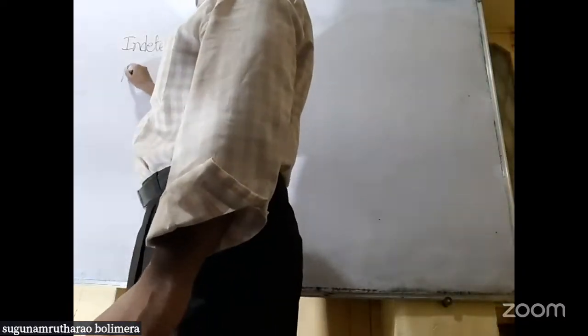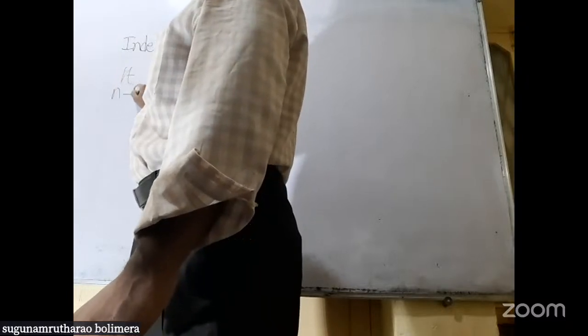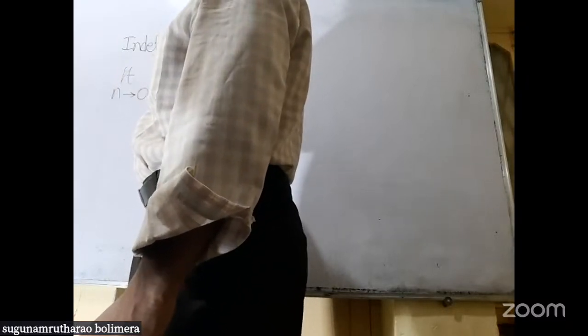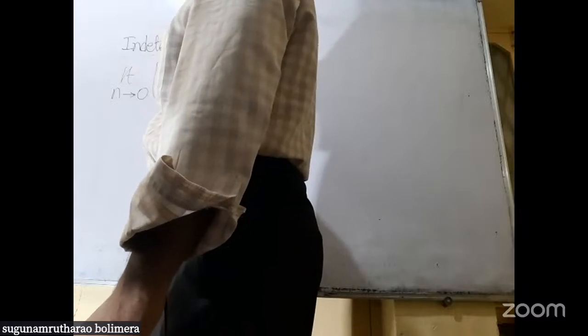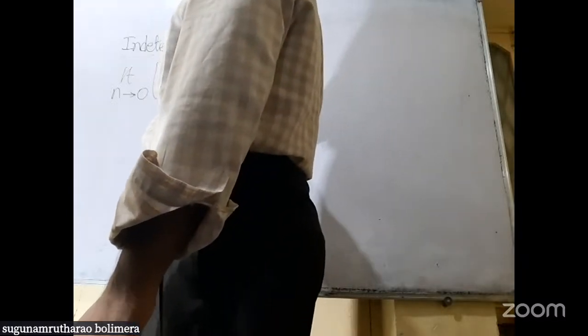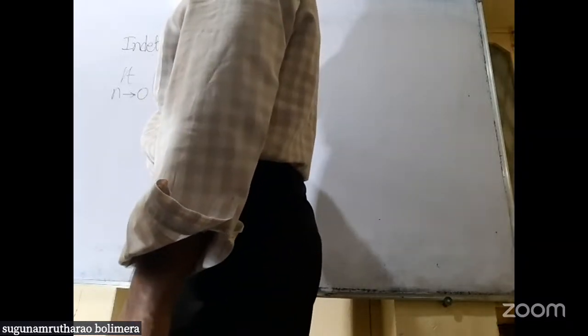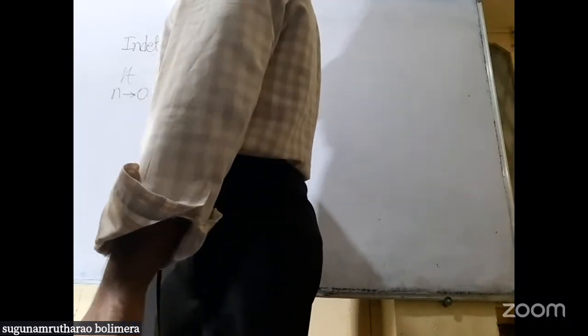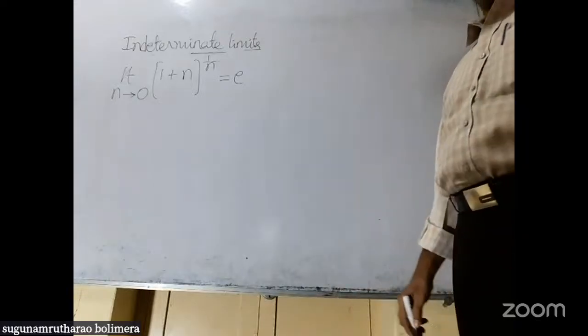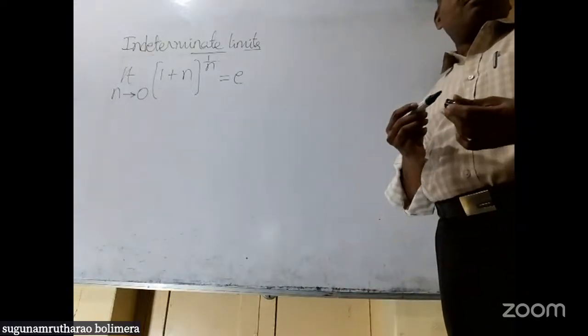Limit n tends to 0, 1 plus n whole power 1 by n is equal to, please note down.